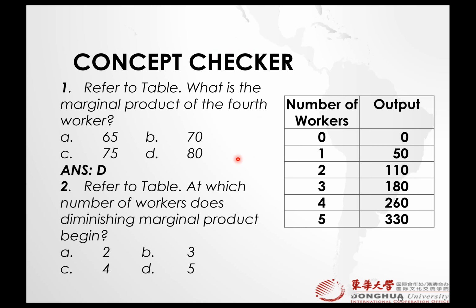Okay, now the second one. Refer to the table: at which number of workers does diminishing marginal product begin? At what point? It's 2, 3, 4, 5. 2. 2. I say 5. I heard 2 and 5.